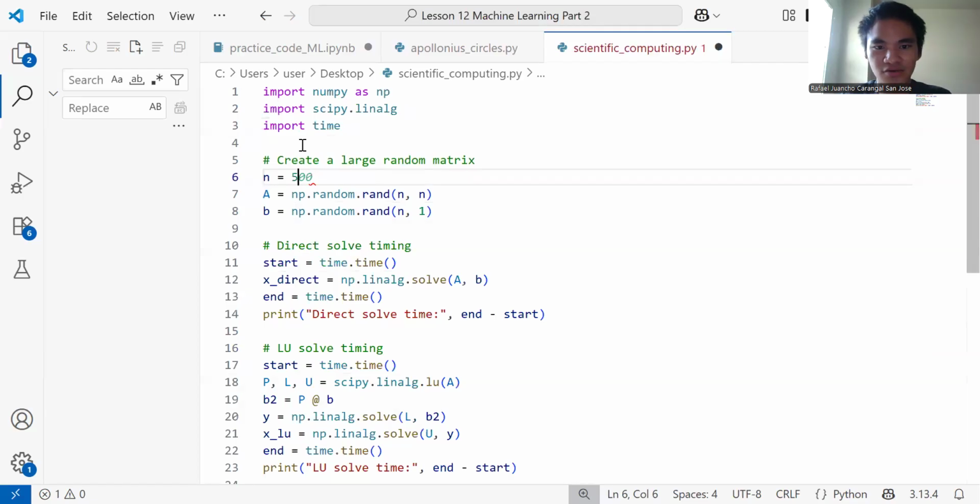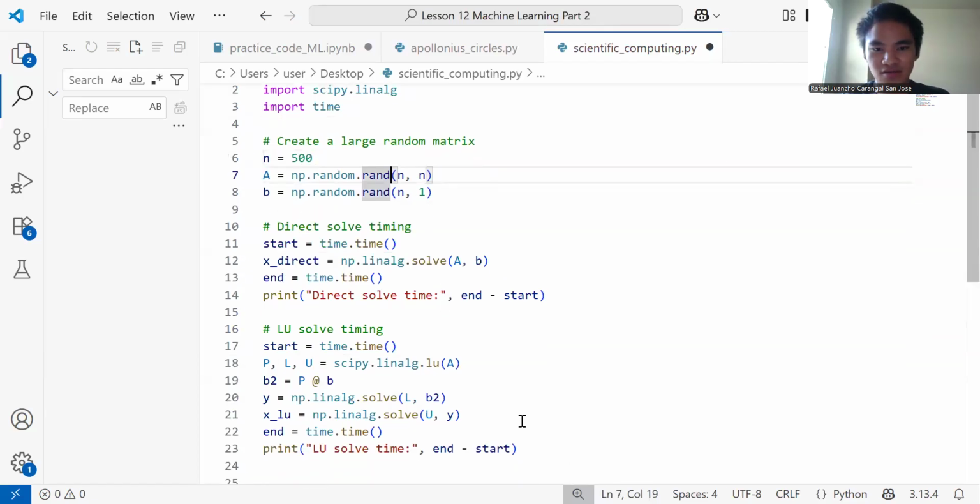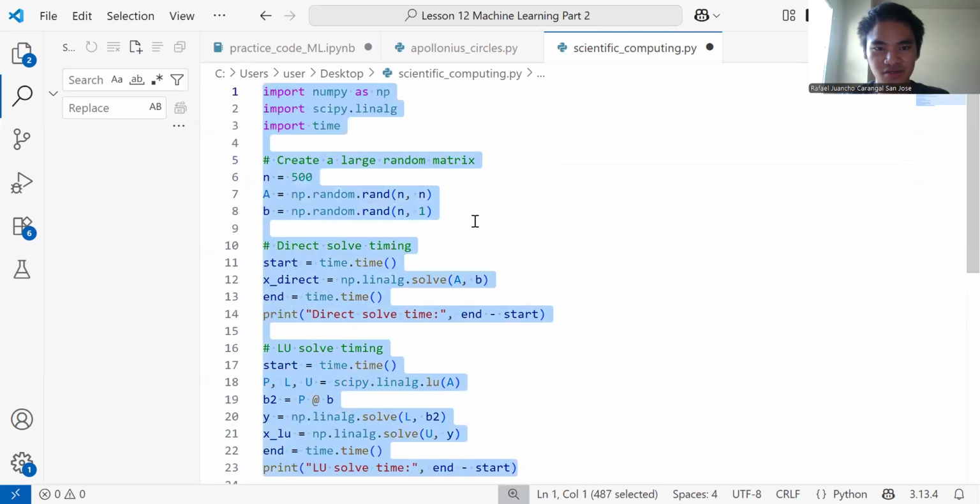I want to adjust the code to edit my direct solve timing, because Python is making it faster.